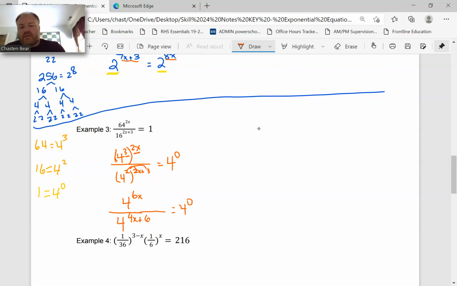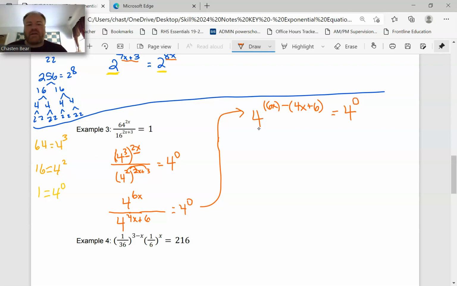Okay, so now I have this far, and now we have to apply the quotient property on the left side. So I'm going to have 4 to the 6x minus the quantity 4x plus 6 equals 4 to the 0.